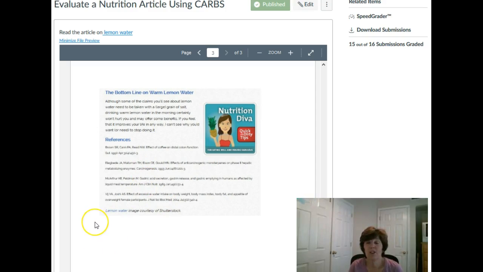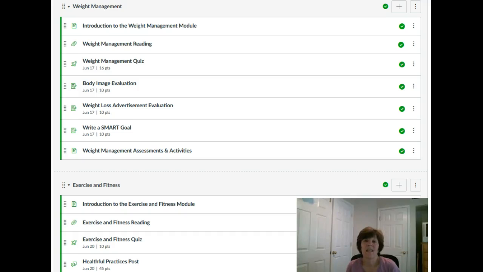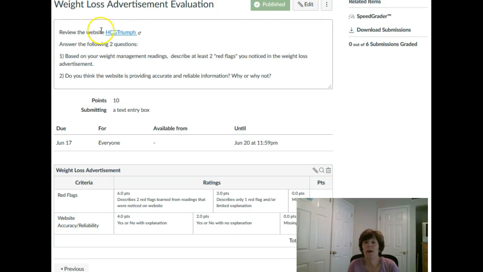You'll get a chance to use the CARBS evaluation again in the weight management module. So you'll be using the CARBS evaluation to now evaluate a website. So again, you're going to read the website and do two things.